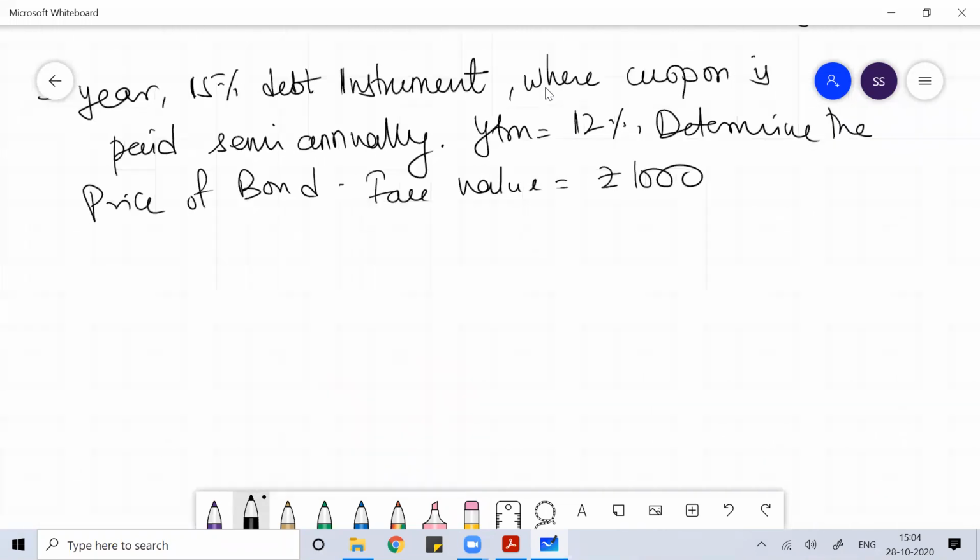So here, if I ask you what is the price of the bond, the price of the bond is equal to the coupon. So you know the formula.